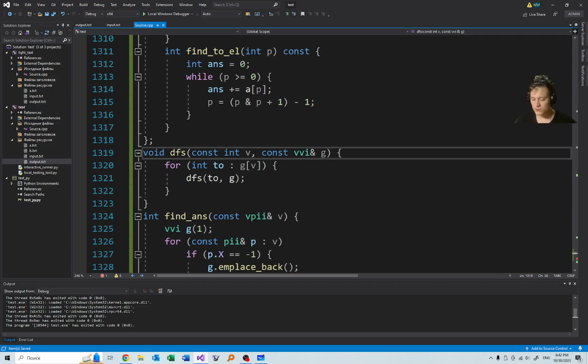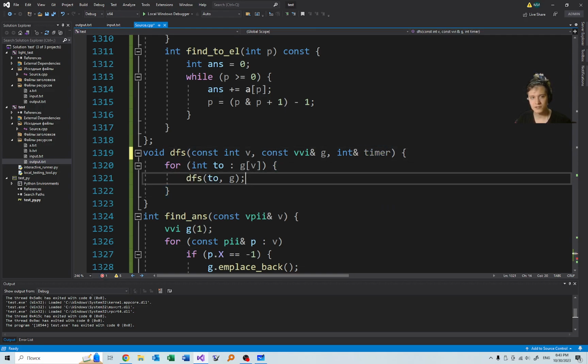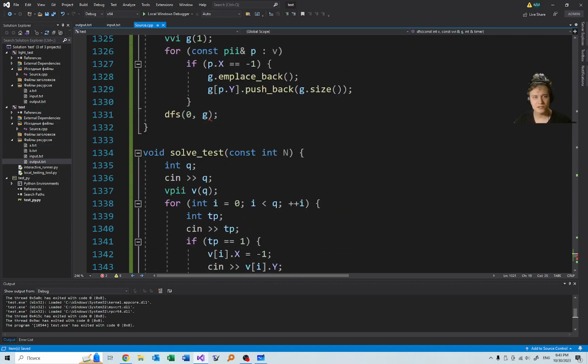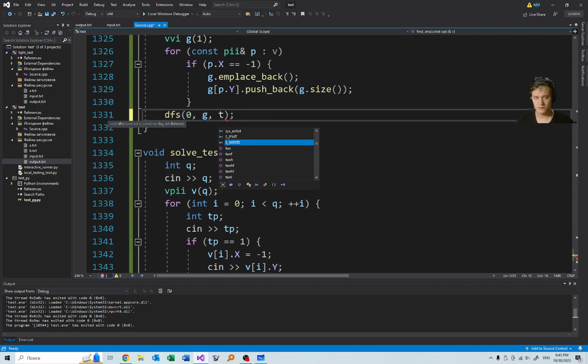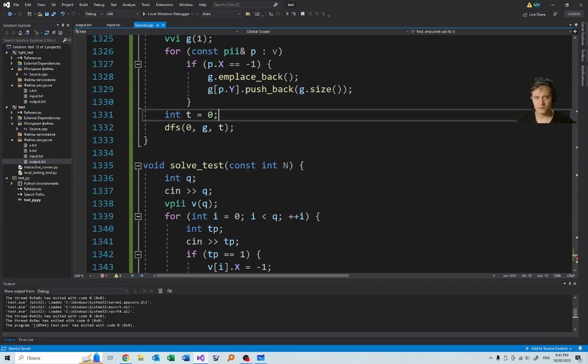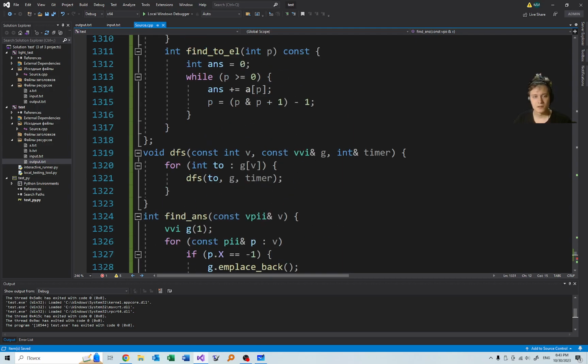To do that, we would also like some kind of timer which stores how many vertices we have already seen. Int timer. So let's pass it. Initially, timer was 0. So again, timer is how many vertices we have already seen.